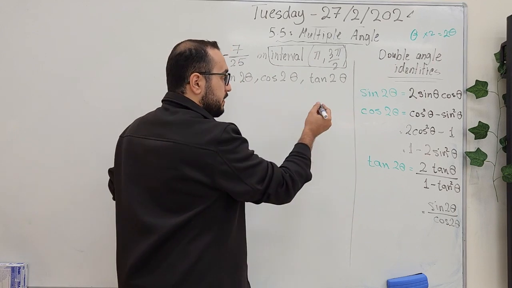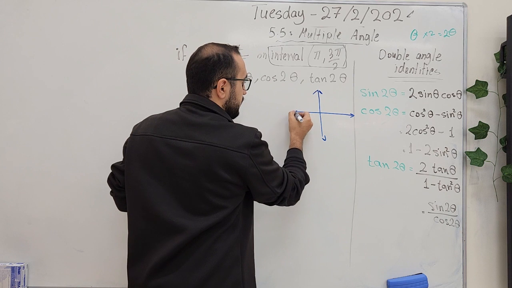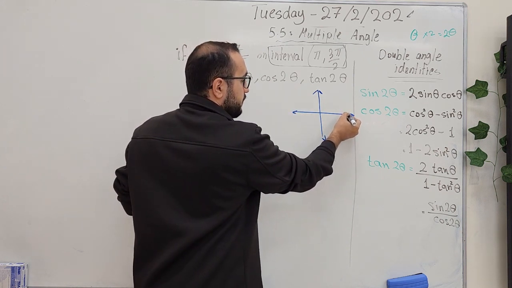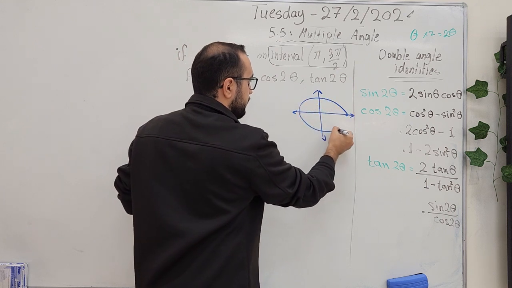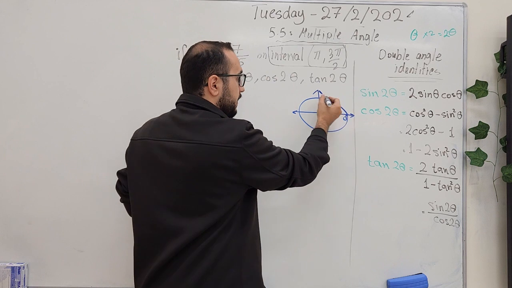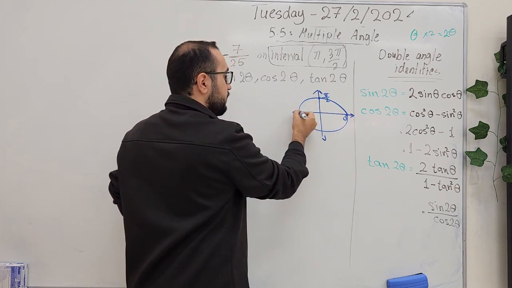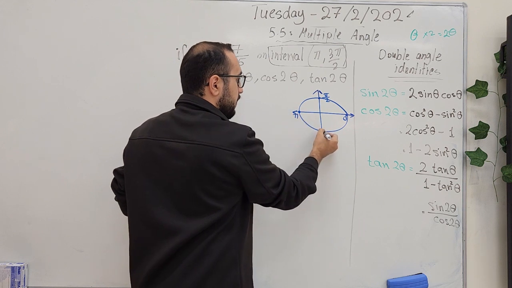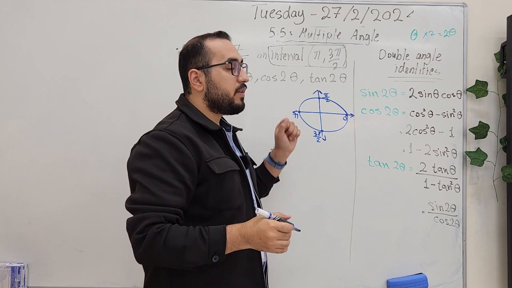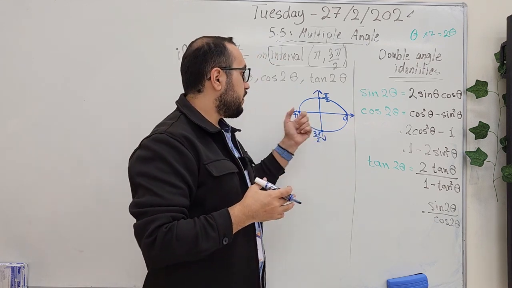Now, on the unit circle that we learned, let me draw the circle. This point is 0, this point is pi over 2, this point here is pi, and this point here is 3 pi over 2. This is always the radian measurement on the unit circle.